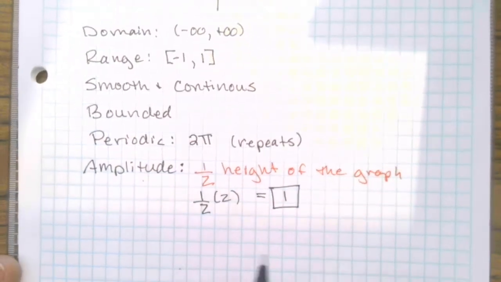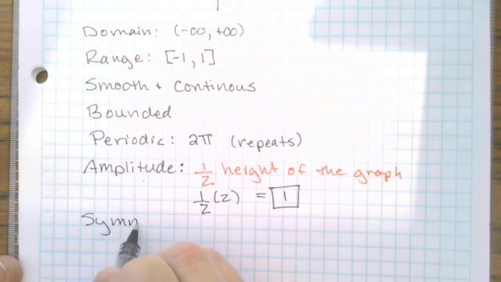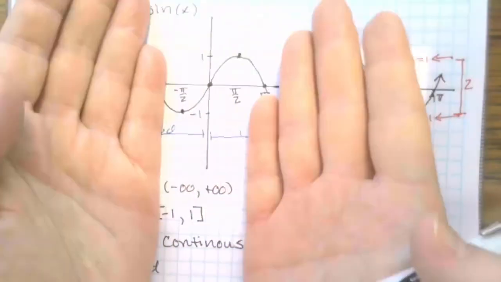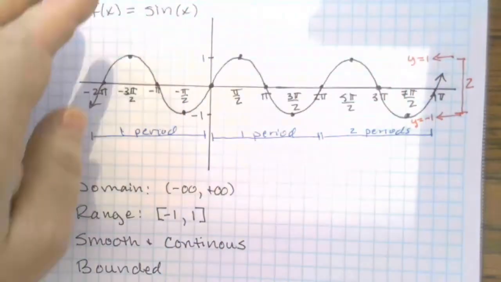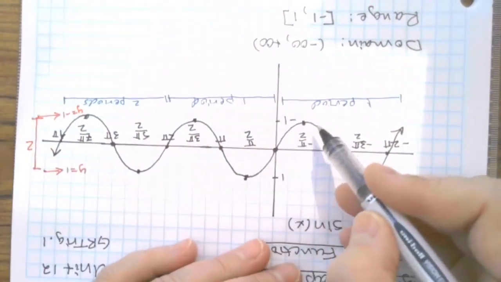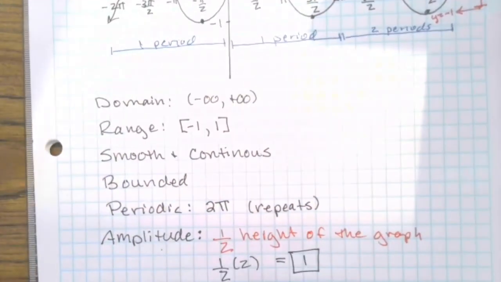Okay, symmetry. Well, we can do the quick check. It's not even because we can't fold it in half, but if I flip it over, bottom left to upper right, the curve looks the same, which means it has odd symmetry.